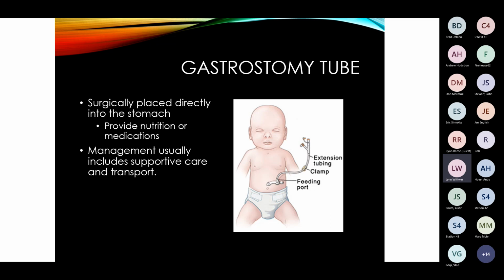Gastrostomy tubes, you get called on them generally when they're not flowing right, they're obstructed. These are surgically placed into the stomach, and usually you would just do supportive care and transport the patient, because this will have to be replaced.